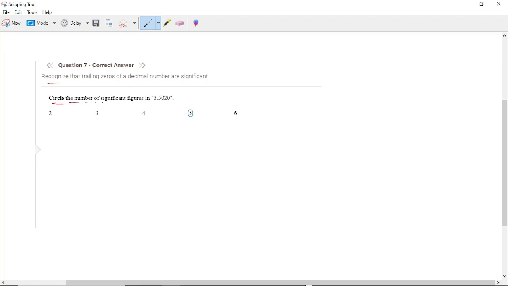Circle the number of significant figures in 3.5020. Let's apply the significant rules here. We said significant figures are numbers from 1 to 9.